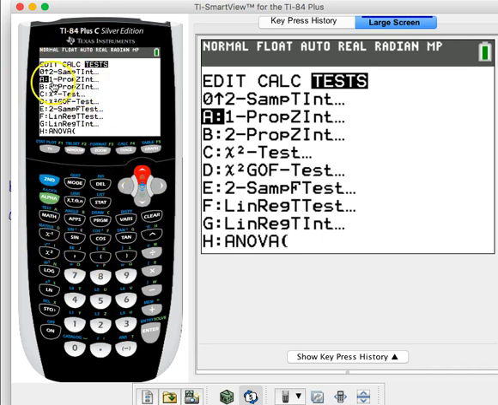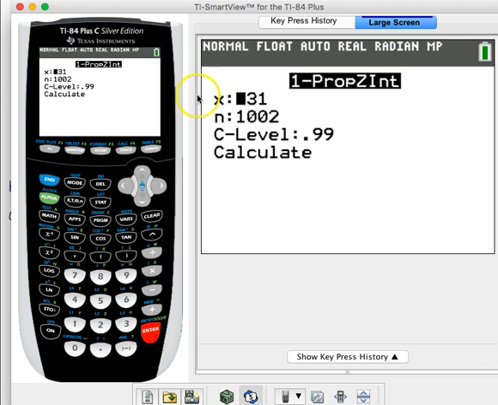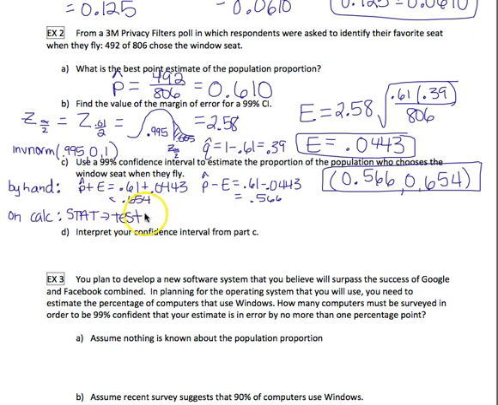We're choosing 1-PropZInt. That stands for one proportion. The z is because we're using z-scores, and interval because it's a confidence interval. Once we do that, it prompts us that we need x, n, and our confidence level. So over here, we went to Stat, Tests, we did choice A, which is 1-PropZInt.